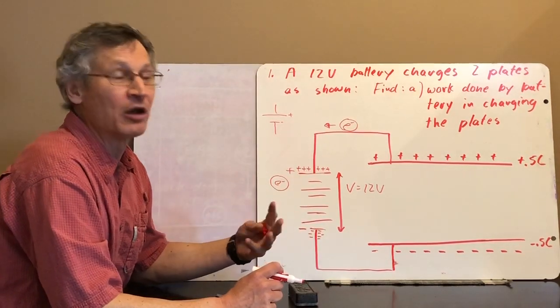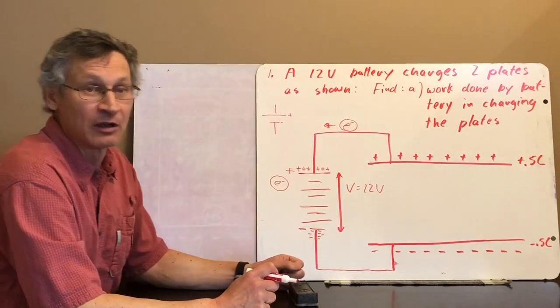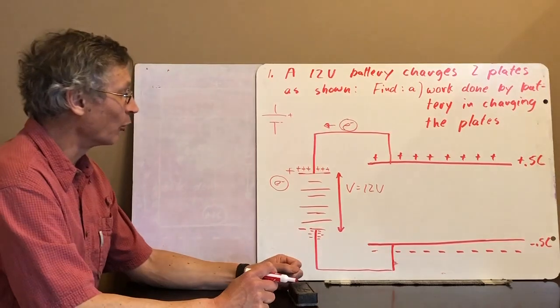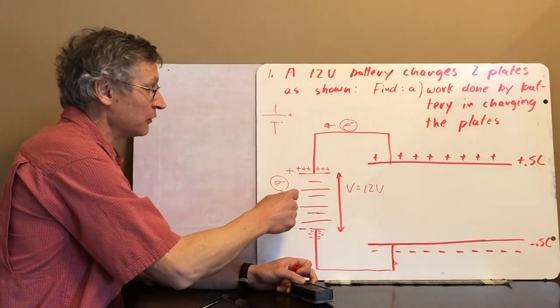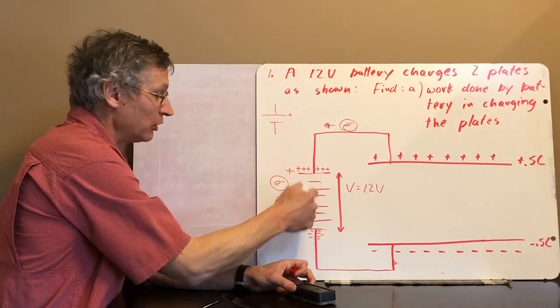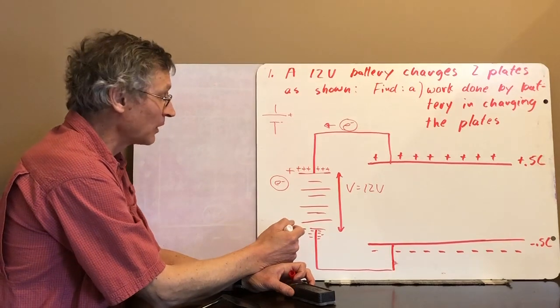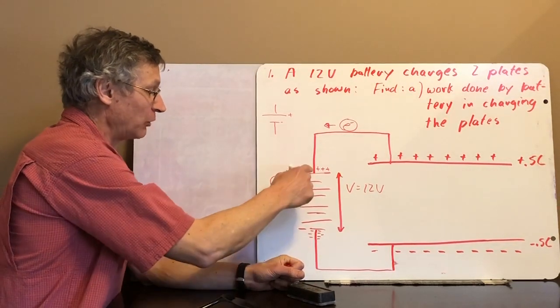But that's where the magic of electrochemistry comes in. You can talk to Ms. Friesen about that for more details. But what a battery does essentially is it does work on these electrons, and it basically drags them from here to here, even though they don't want to do it.